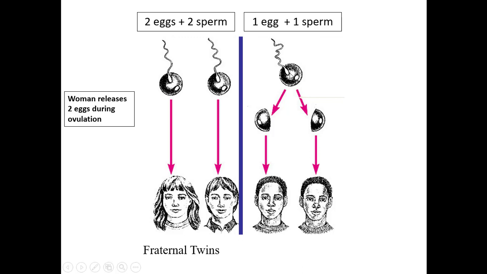So that means they have the same starting materials and the exact same DNA. With identical twins, this is when a zygote or early embryo splits. So these identical twins would have the same DNA, they would be the same biological sex, and they would appear to look exactly the same.